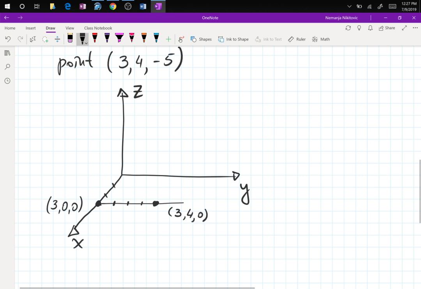We haven't done anything for z yet. And now, a parallel line to z, but because we have to go 5 units down, we'll draw the line straight down, because that's parallel to the z-axis. And you will count 1, 2, 3, 4, 5 on the bottom. So now this is 3, 4, negative 5.